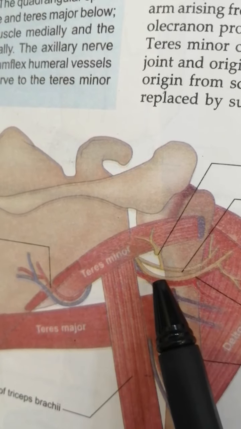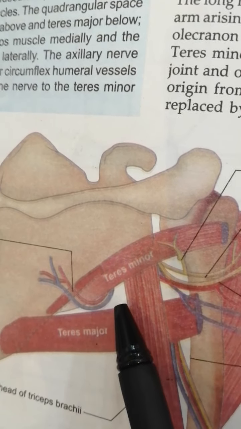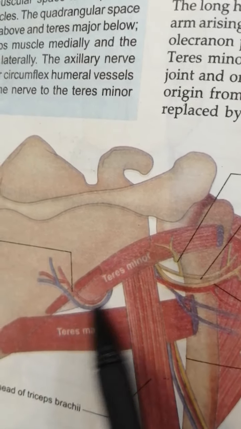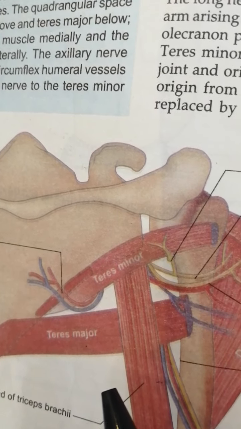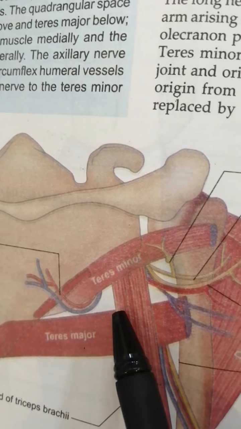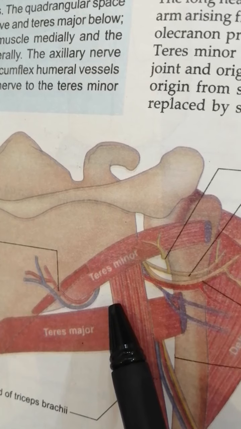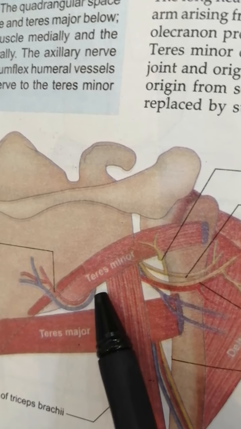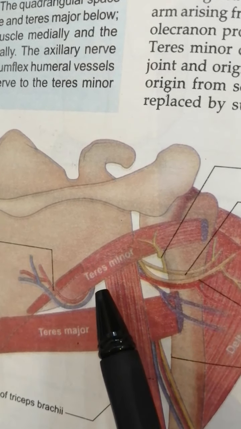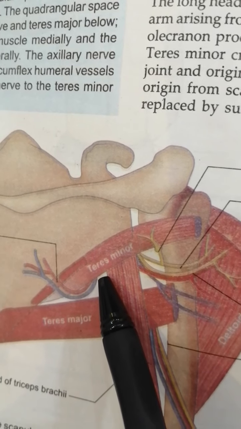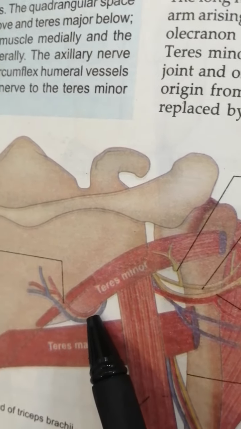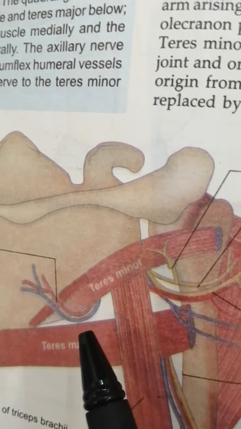Memorize this diagram. Again, this is the superior boundary, this is the inferior, and this one is the lateral boundary. The upper triangular space gives passage to the circumflex scapular artery.